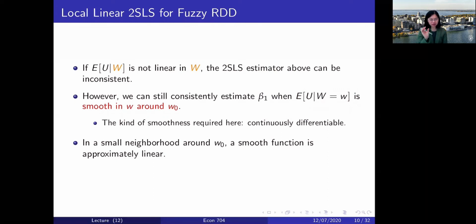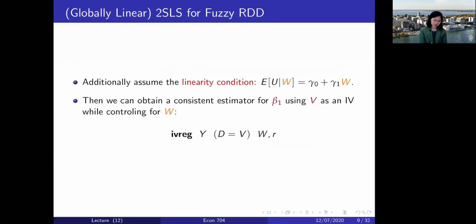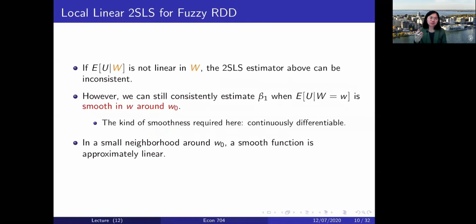And if we restrict our sample to that subsample, we can do the usual two-stage least squares, using only the individuals with W between W0 minus a bandwidth and W0 plus a bandwidth.